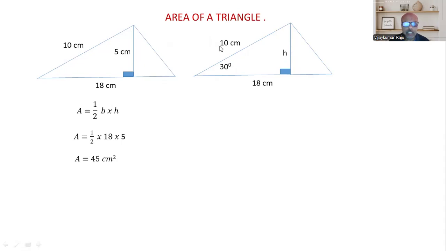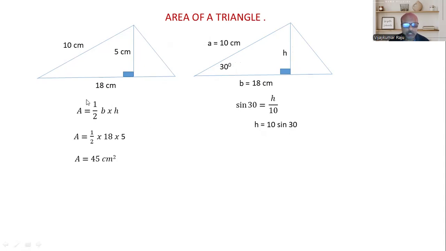Let us name this side A and this side B. Now let us take the sine of this angle. Sine of 30 degrees is opposite upon hypotenuse, h upon 10. Take 10 to this side, so you'll get h is equal to 10 sine 30.